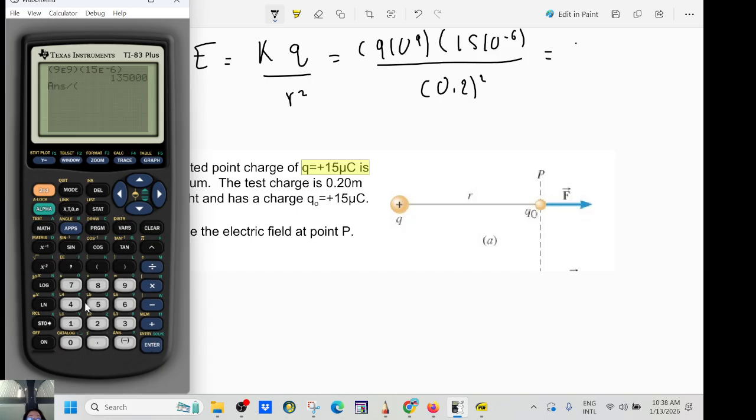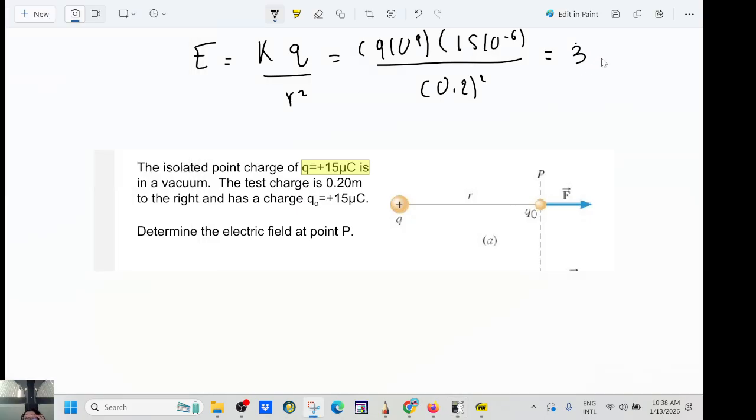Divide by, open the parenthesis, 0.2 squared. So 3.4 times 10 to the 6 newton per coulomb. That means that here, if you have 1 coulomb of charge, which is positive, it will experience this force here.